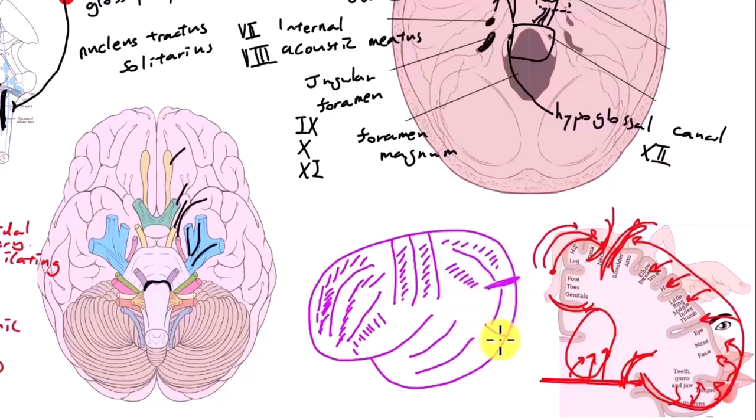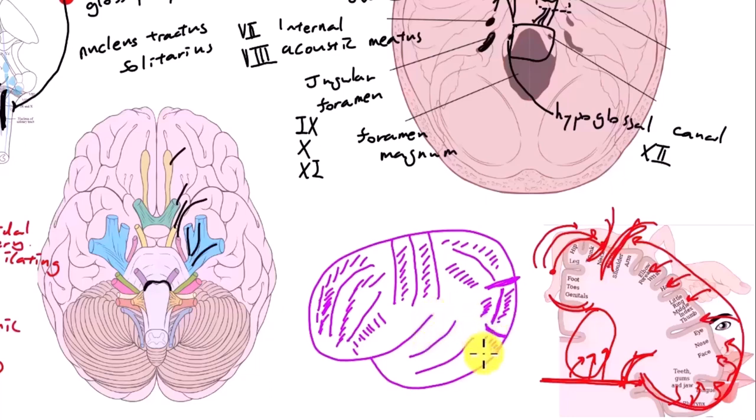In the occipital lobe, intra-occipital sulcus divides the superior occipital gyrus from the middle occipital gyrus, and inferior occipital sulcus divides the superior and middle occipital gyri from inferior occipital gyrus.